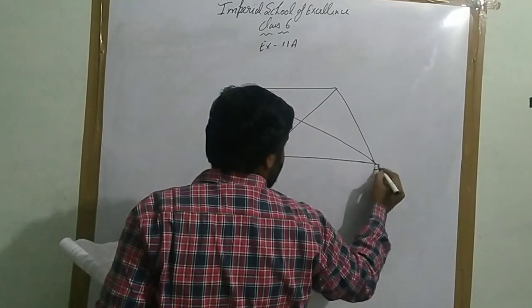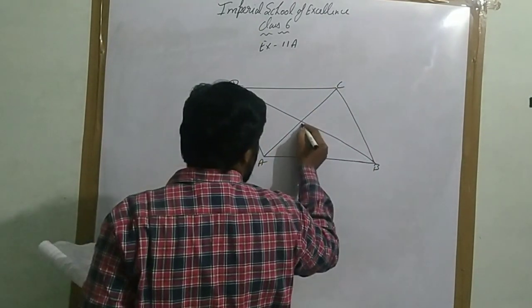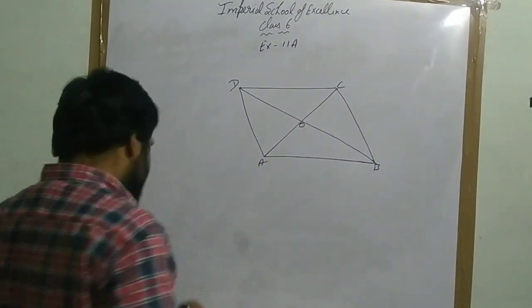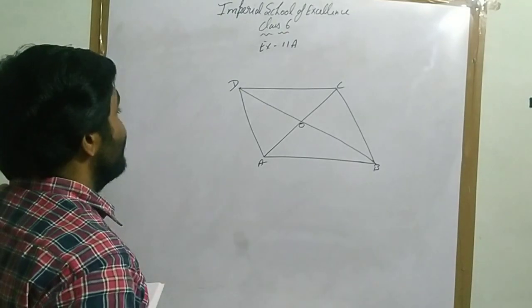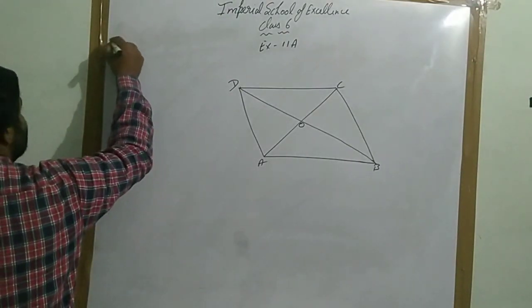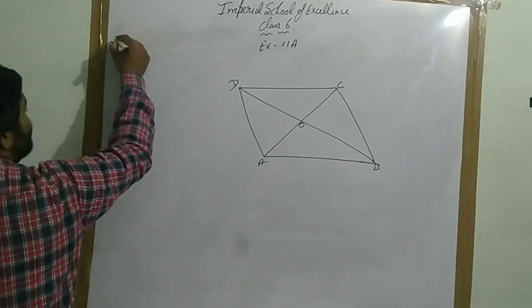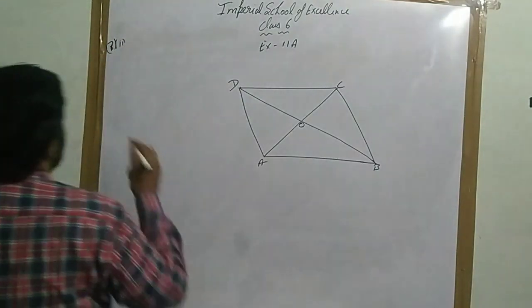A, B, C, D, after that O. What you have to do is the same, you have to mark the lines. In this question, question number 7 part second, we are solving. The points which you are able to see, mention here.